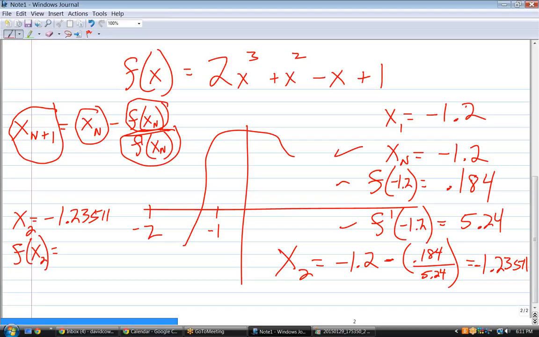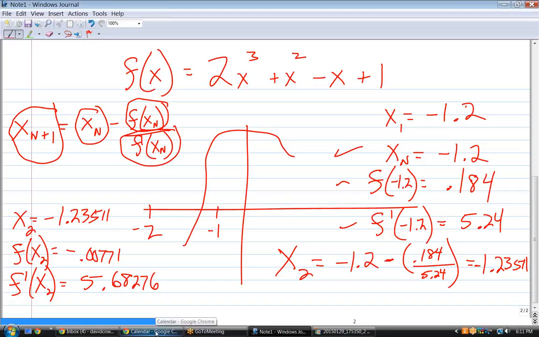So f of x sub 2 equals minus 0.00771. F prime evaluated at this x sub 2 equals 5.68276.